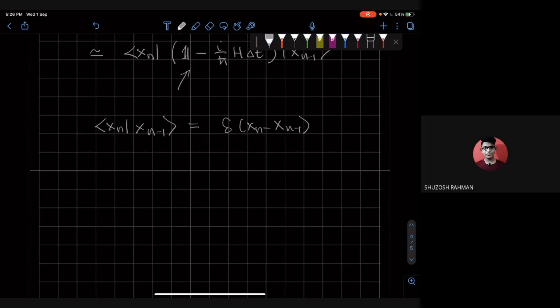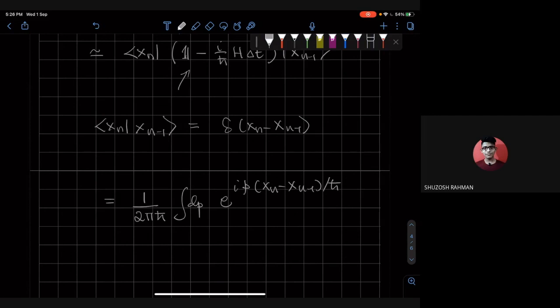But we know from quantum 1 and previous courses that this is nothing but 1 over 2 pi h bar, integral over dp, e to the i p (xn minus x n minus 1) by h bar, right? Is this clear?